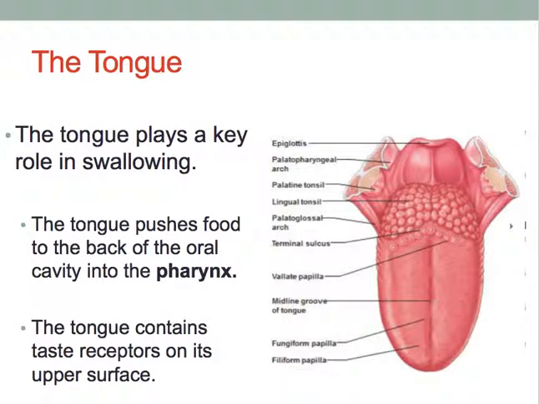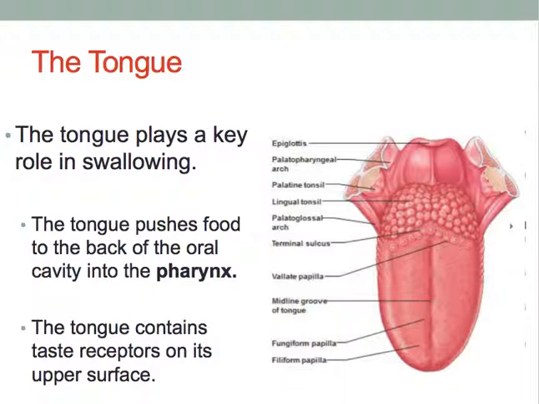So the tongue, I mentioned previously, it helps to mix the food. It also helps swallowing. So the tongue pushes food to the back of the oral cavity and into the pharynx, and I'll show you a picture of that in a second. And the tongue also contains taste receptors on its upper surface. So here's a picture of the tongue. It helps to push food back into the back of the oral cavity, and on the surface of the tongue are a bunch of different taste receptors.